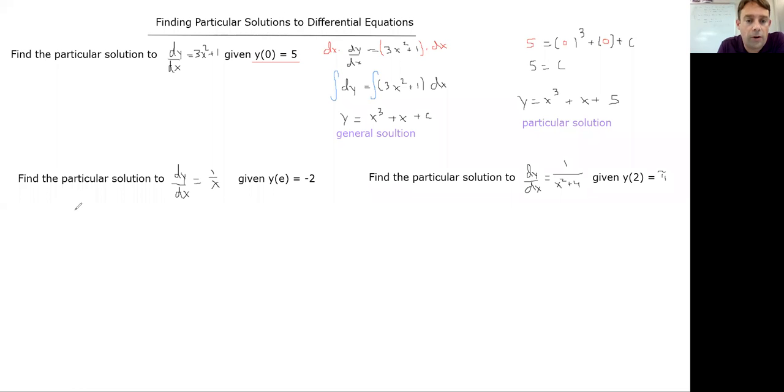So we're going to take our equations here. dy over dx, and I'm going to multiply the differential by both sides. And I end up with dy equals 1 over x dx.